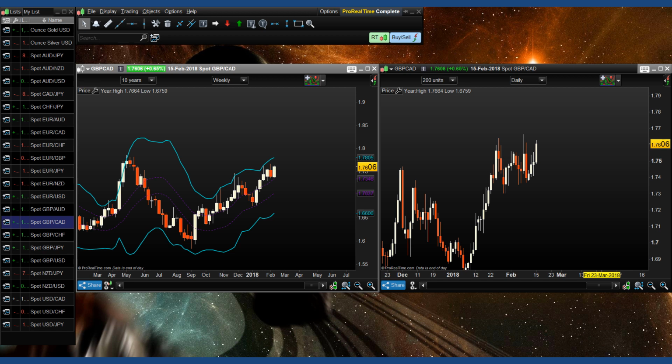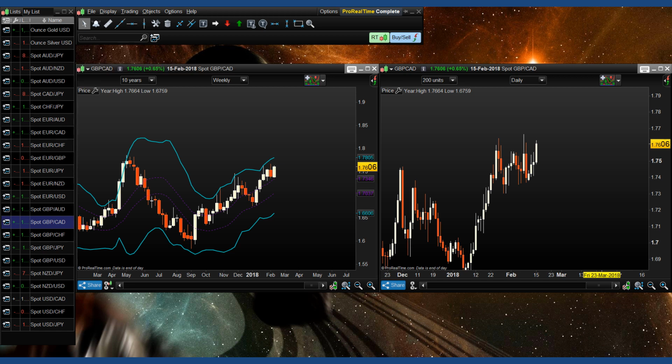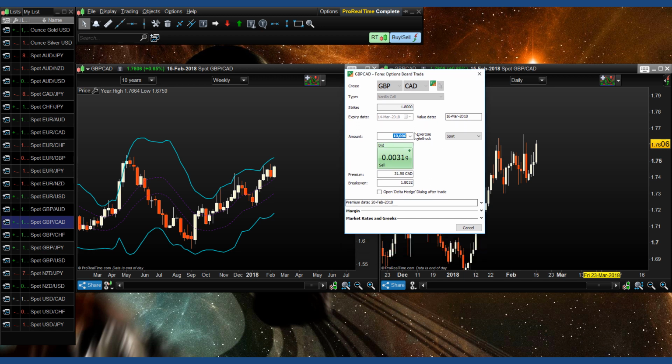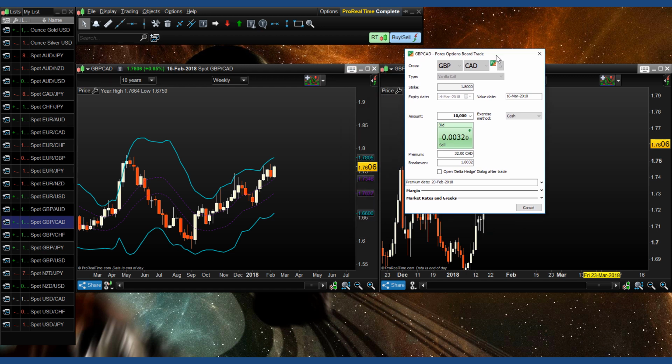At 180 exactly. So looking to sell a call at 180, and my reason for this is that I don't believe the probability of this pair breaking 180 on the 14th of March is very high at all.